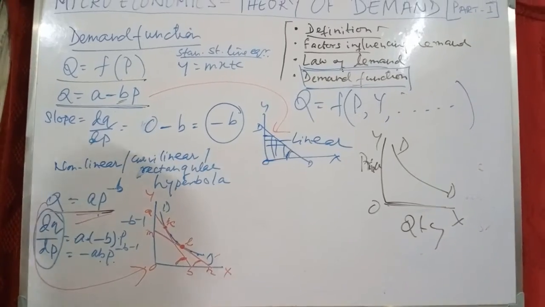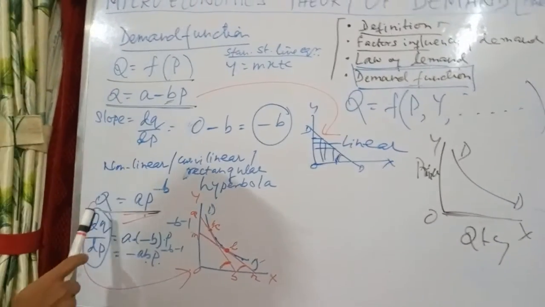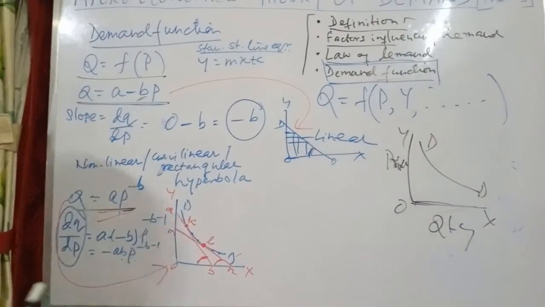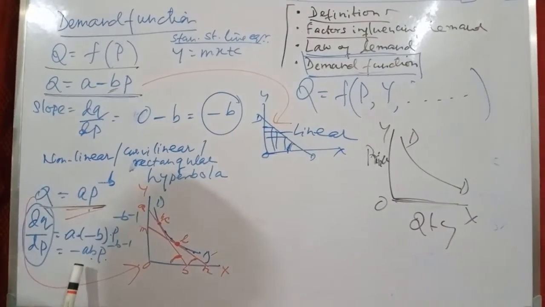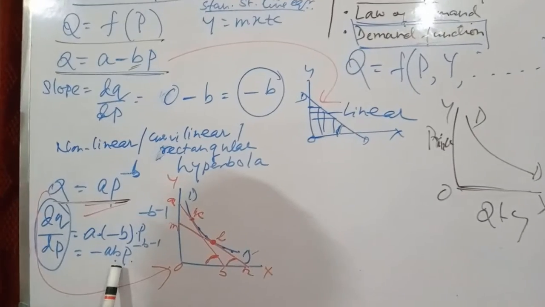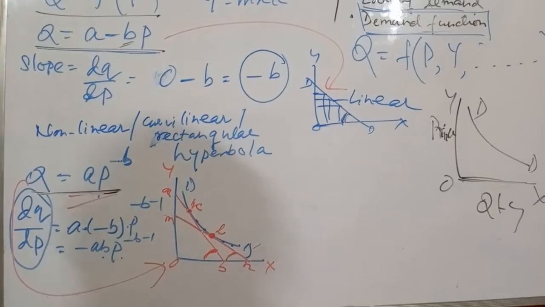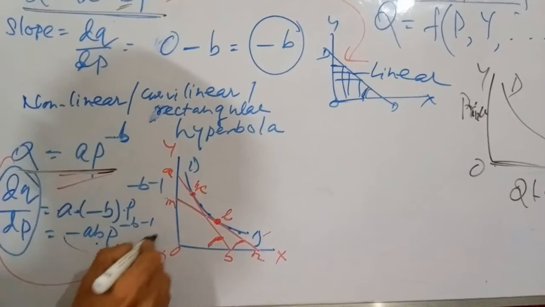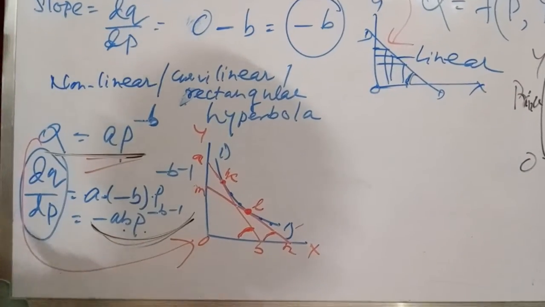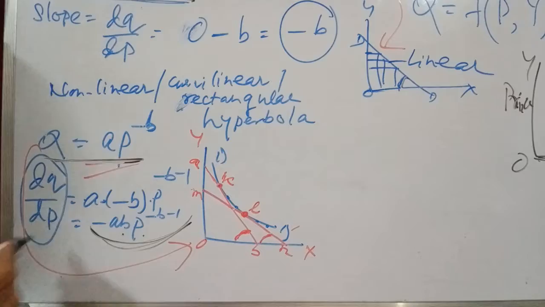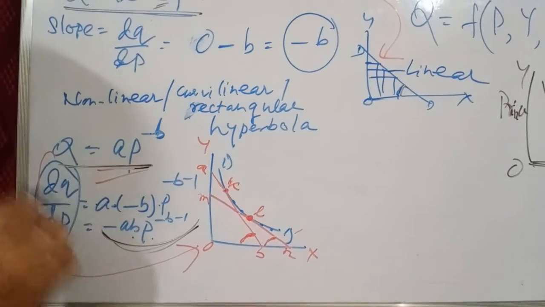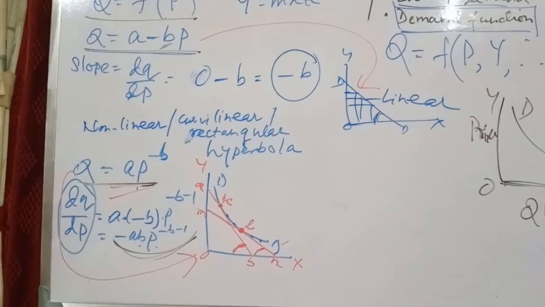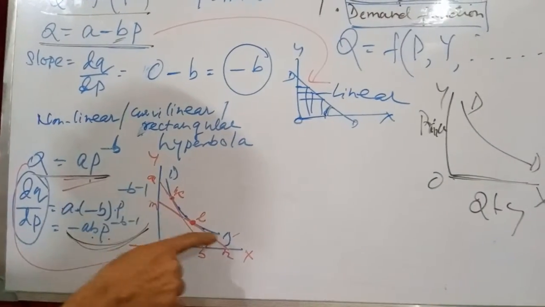And we see here, as we differentiate Q with respect to P, we find minus AB P to the power minus B minus 1. So this part is not free of P. P is attached to it. So as P changes, the whole thing changes, and dQ/dP also changes. That means the slope of the curve changes.